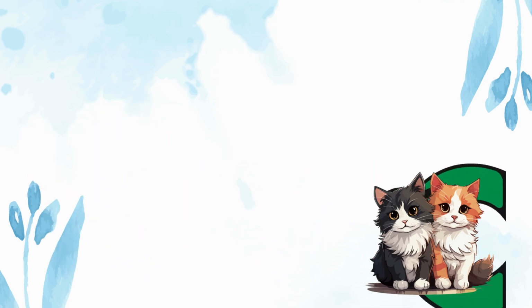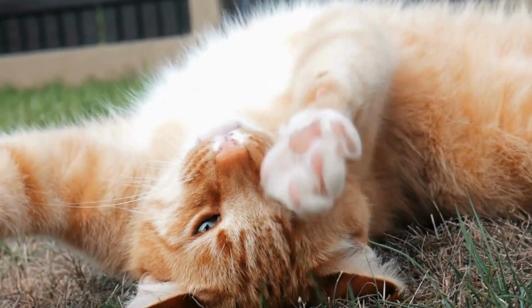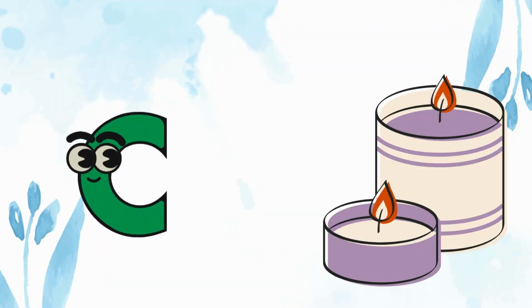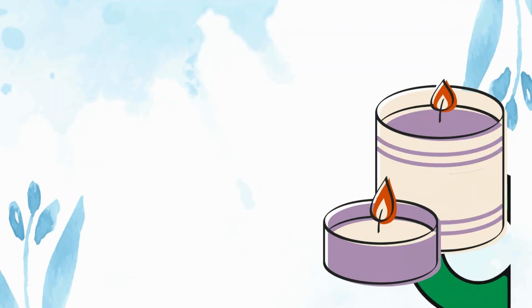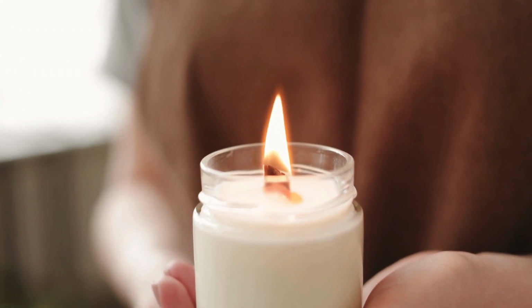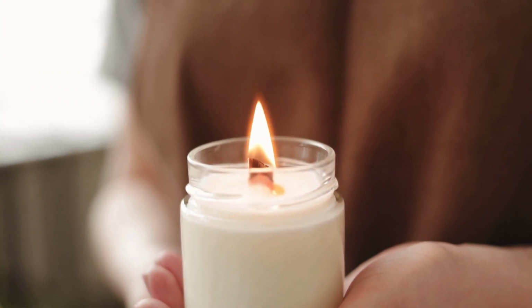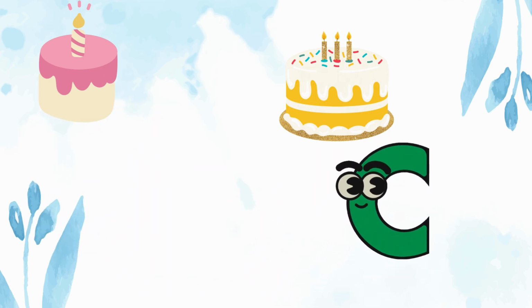C is for cat. Cat. C is for candle. Candle. C is for cake.